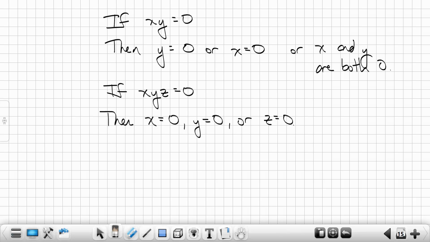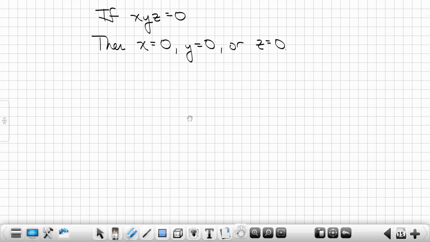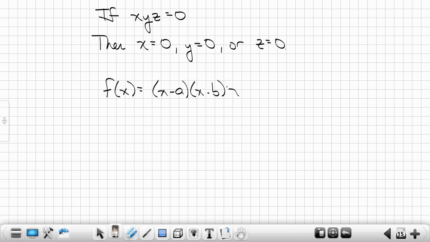So if we have some polynomial that factors, I'm just going to write it out: f of x is equal to x minus a times x minus b times x minus c times x minus d. On the line underneath that, if f of x equals 0, then what? Give me the long sentence.